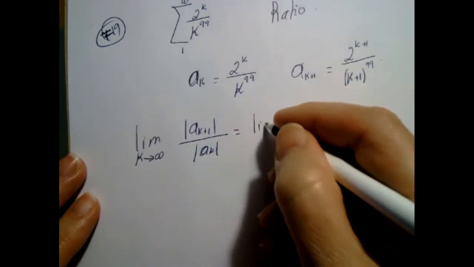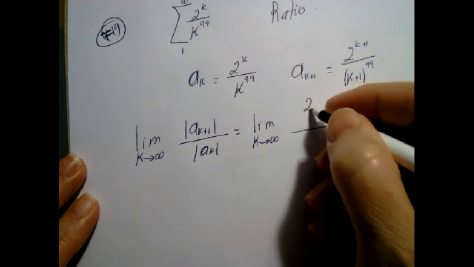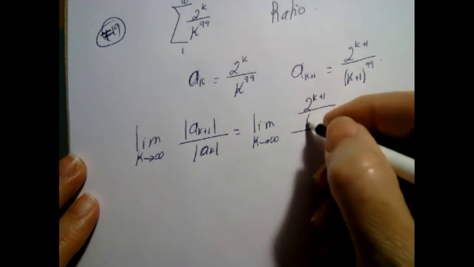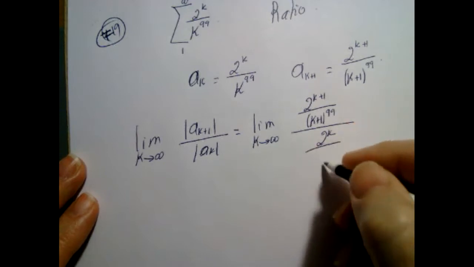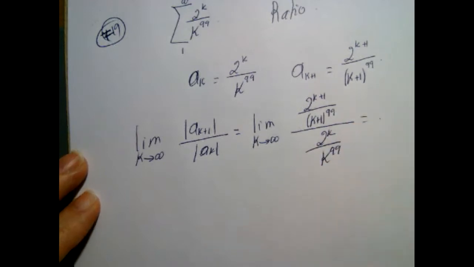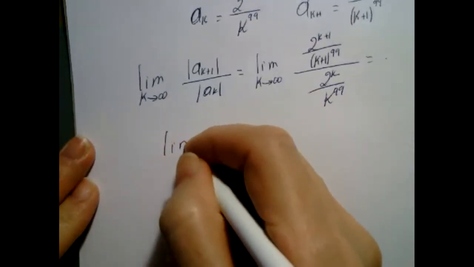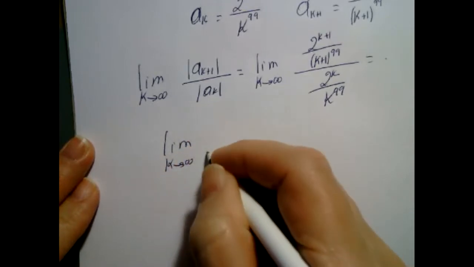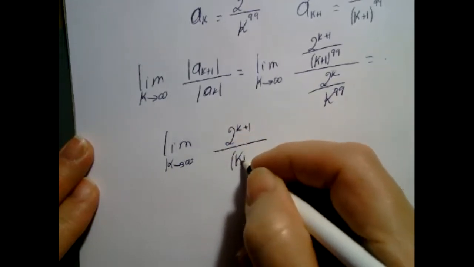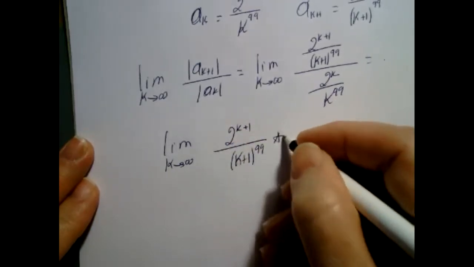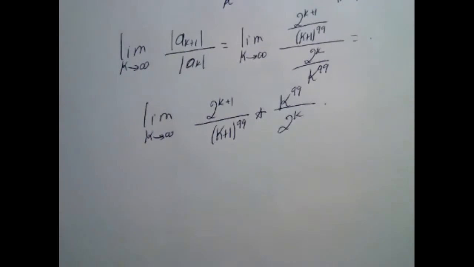We get the limit as k goes to infinity of 2 to the k plus 1 over k plus 1 to the 99, divided by 2 to the k over k to the power 99. So finally this will give me 2 to the k plus 1 times k to the 99 over 2 to the k.